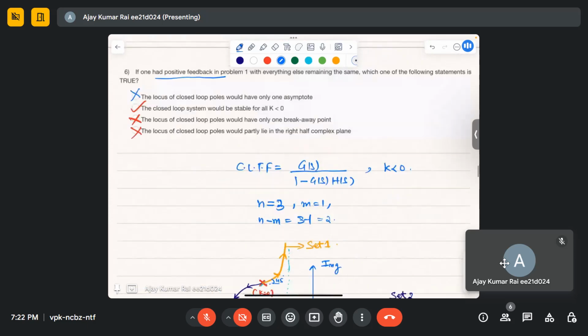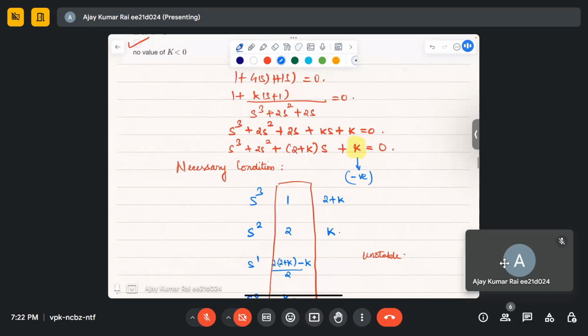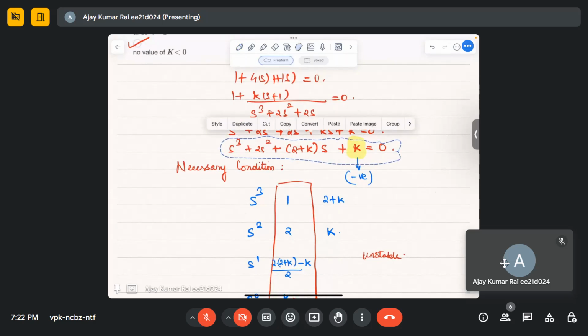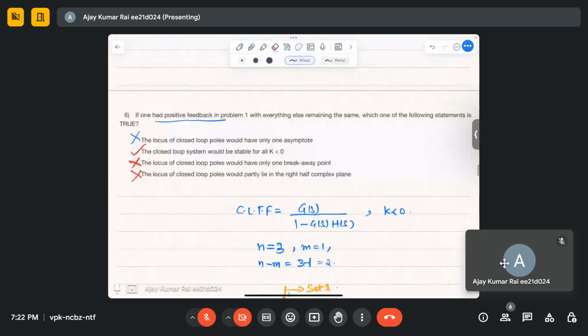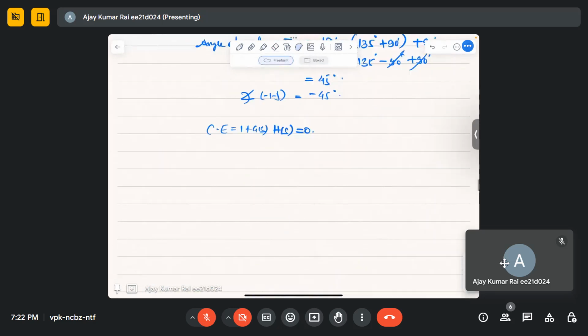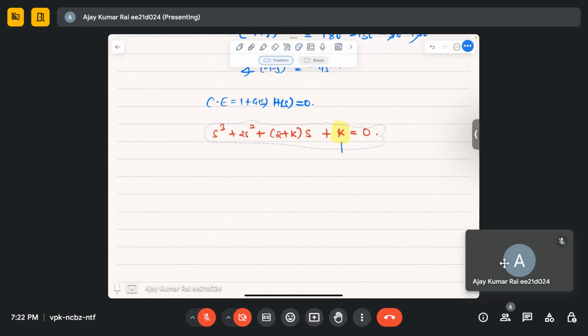In the previous case also we have checked this one, so let me just copy it and make some changes.